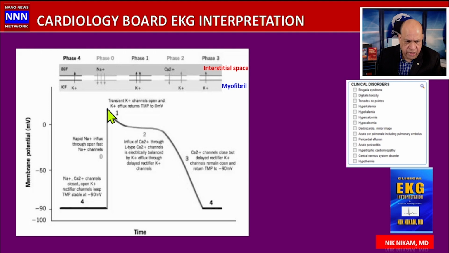Then we have the slow phase where there is a sustained positive membrane potential by the removal of the potassium from the cells and influx of calcium.